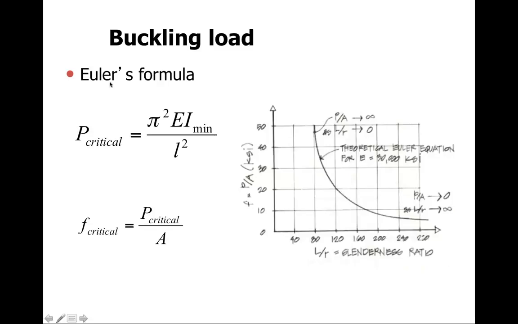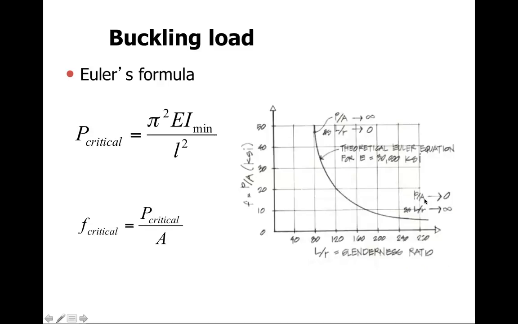So in terms of the buckling load, we have here P critical equals pi squared, EI minimum over L squared. So this shows some of the examples of how it would be. So here's our slenderness ratio.